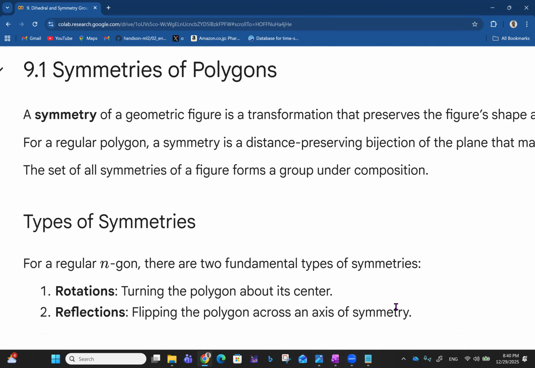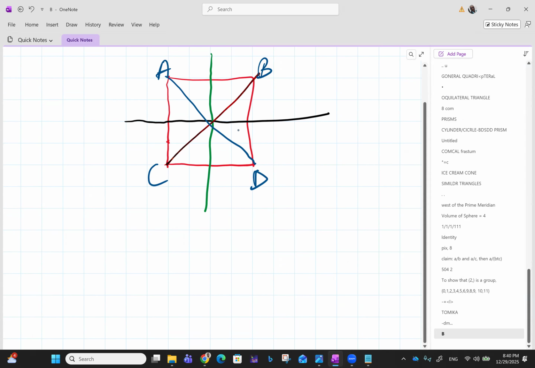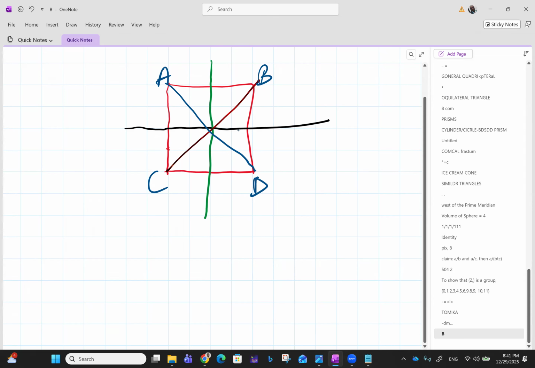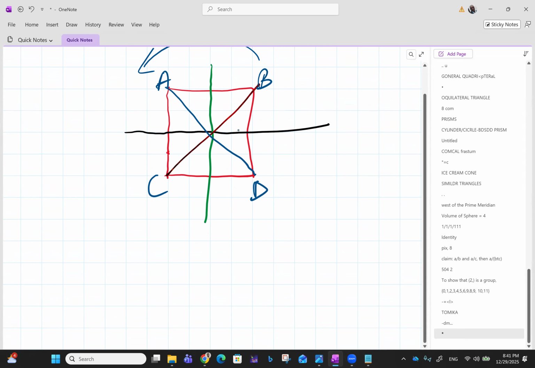So for a square, you can rotate it. Let's assume that you have A, B, C, D. You can rotate it about its center, for instance, such that B takes over the place of A. I'll just use a smaller square to demonstrate.